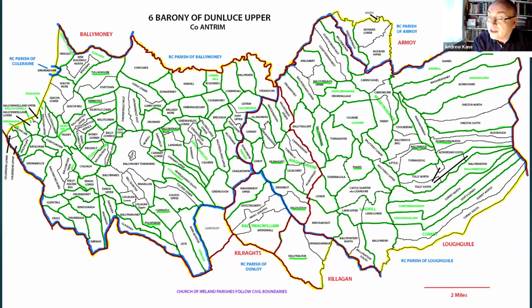They knew all the subdivisions and what exactly was referred to by them. So you can see if you look at that, I have delineated in green outlines the quarters as they're generally recorded on the Earl's estates in Dunluce Barony in the 1650s.